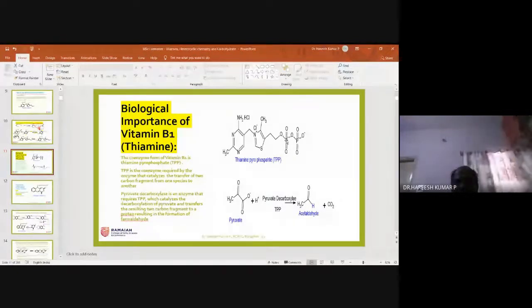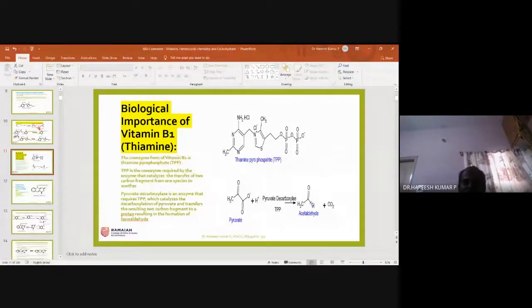Thiamine pyrophosphate is a coenzyme. For this, vitamin B1 is the precursor. Okay, so this much information is enough for the biological importance of vitamin B1. I think you will also learn more about it. Here I am just giving the reaction: pyruvate is converted into acetaldehyde.